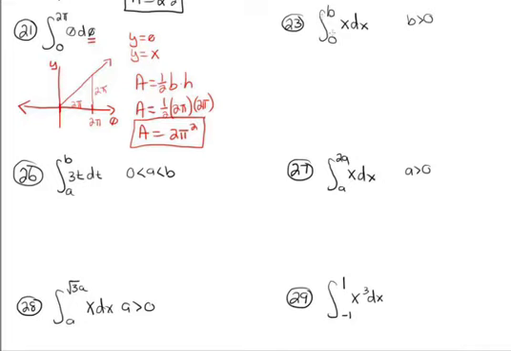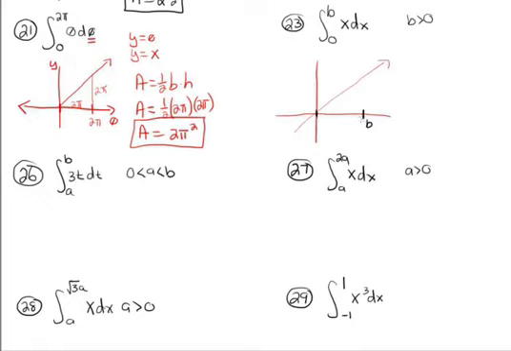Starting on 23, we move into a section where we're going to do the same thing. So we're going to graph y equals x. But this time, instead of giving us numbers like 0 to 5, they're saying from 0 until b. And b, they tell us, is bigger than 0. So I'm just going to draw some random representation of where b is.